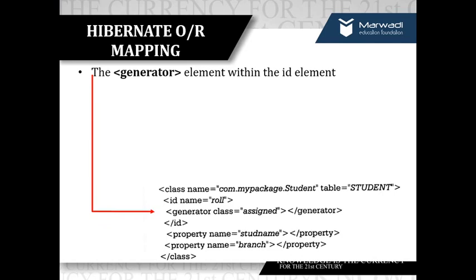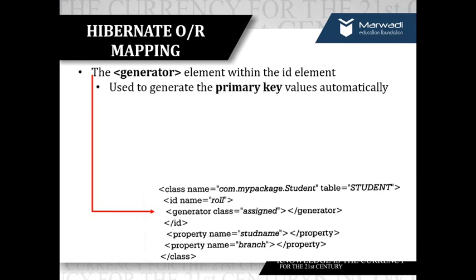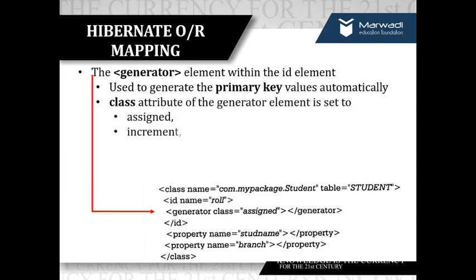Then comes the generator element within the ID element. It is basically used to generate primary key values automatically, and the class attribute can have various values assigned. It can also be increment, hilo, sequence, native, and many more. You will see it further.